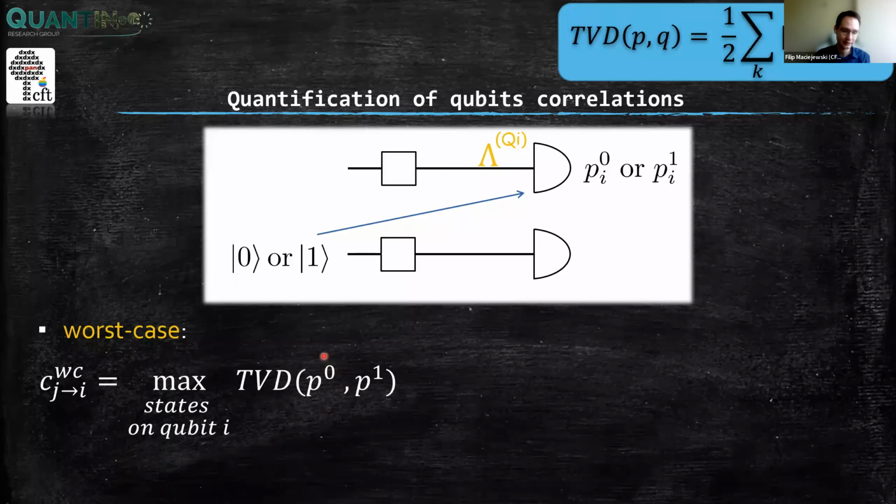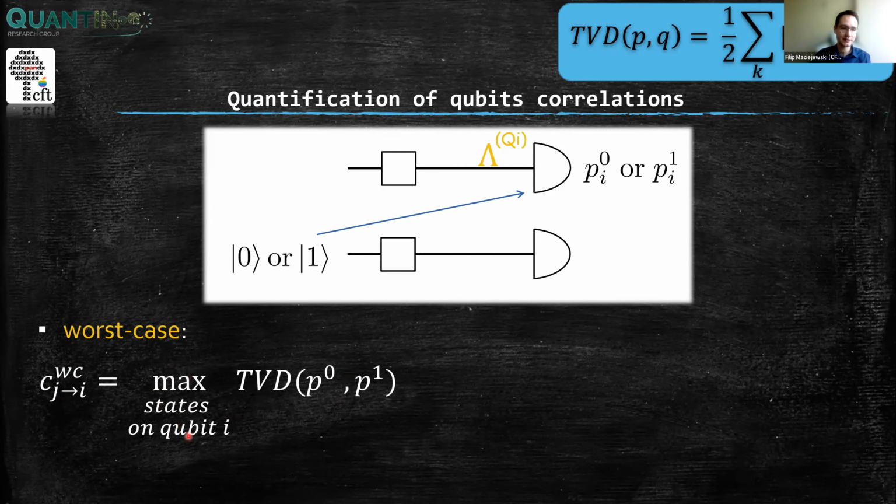Depending on the input state of the qubit that affects the noise on our qubit, and we maximize over all states on this affected qubit. So this is the worst-case scenario: how much the statistics on qubit I can differ due to the effects of correlations from qubit J. This is the idea behind it.